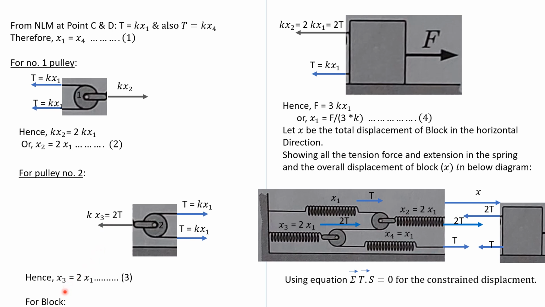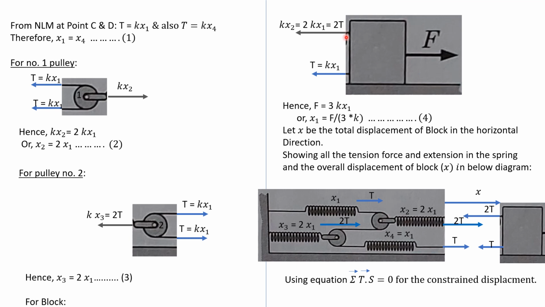So Kx3 will be equal to 2 times Kx1. So x3 will be 2 times x1. So that is why we can show that Kx3 is equal to 2T, right? For the block, now we should show the free body diagram of the block.